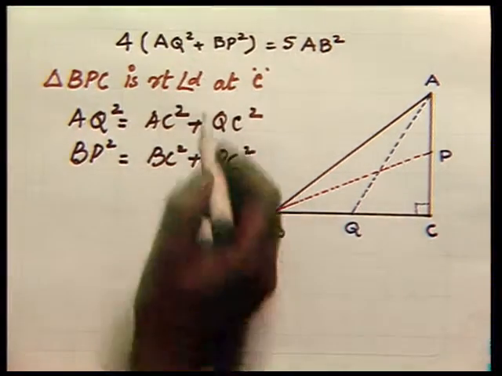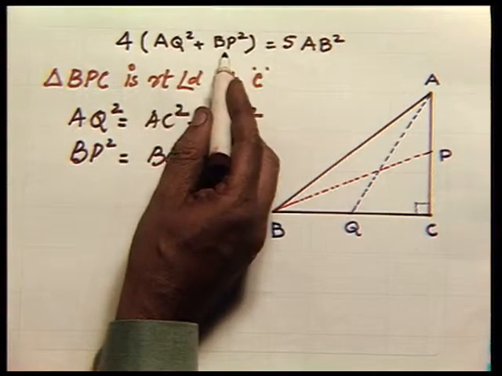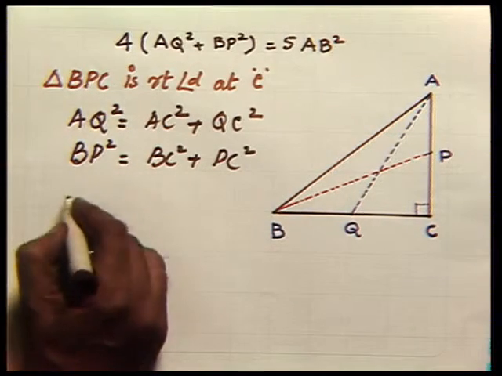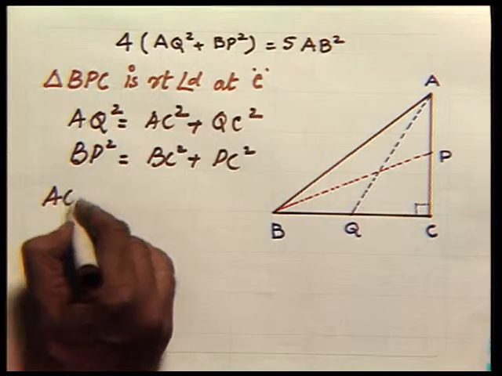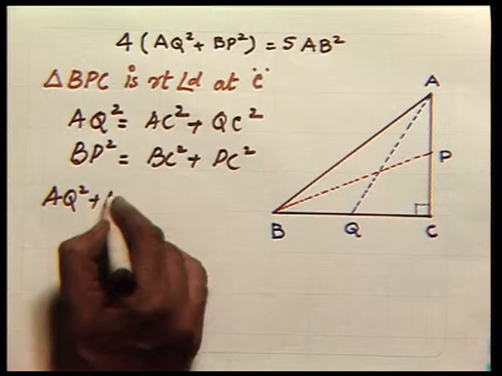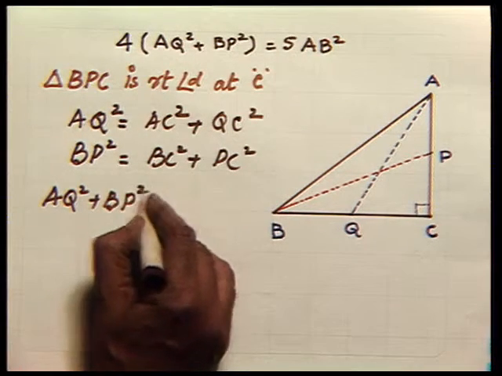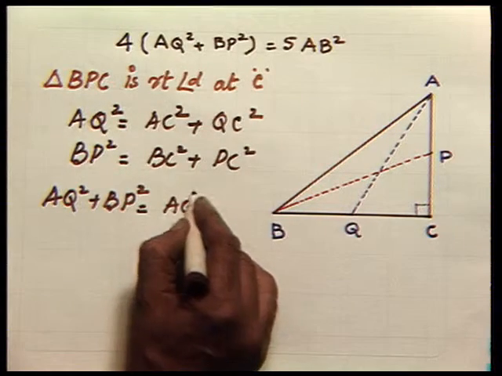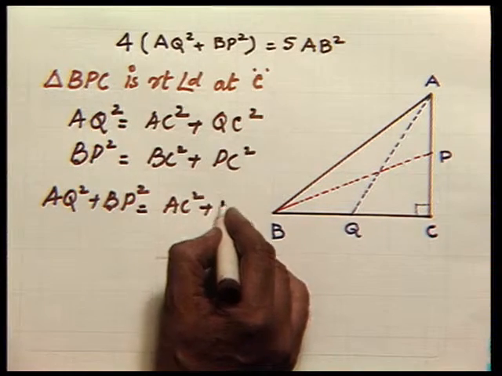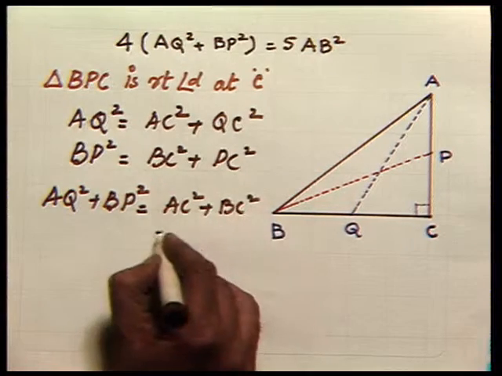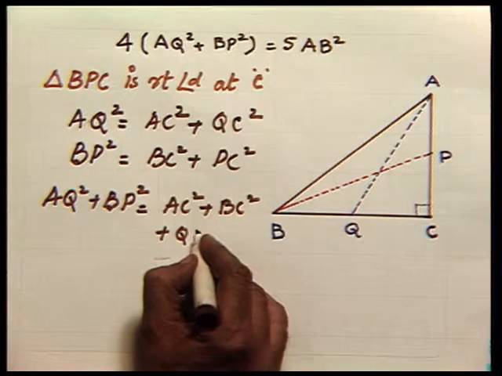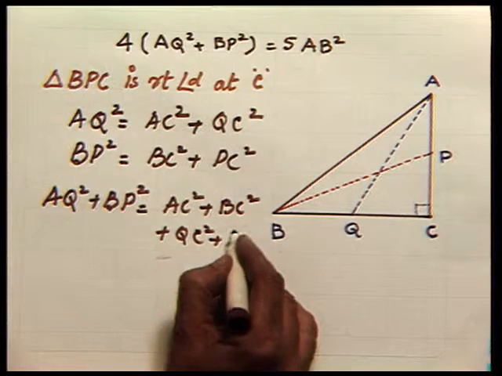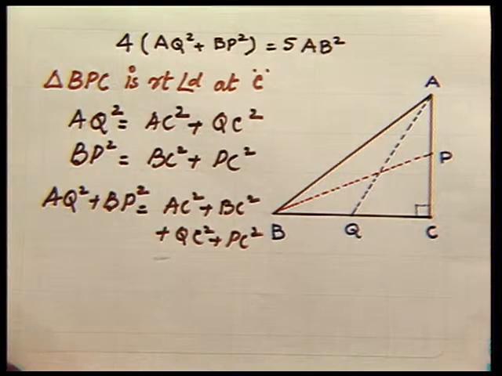Now, since we want AQ squared plus BP squared, I will add these two equations. I will get AQ squared plus BP squared equals AC squared plus BC squared plus QC squared plus PC squared.